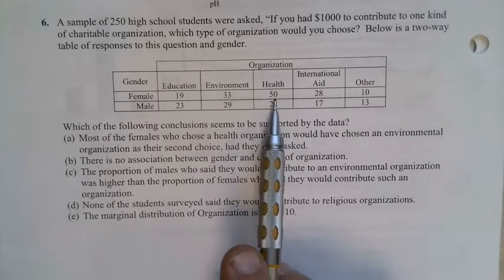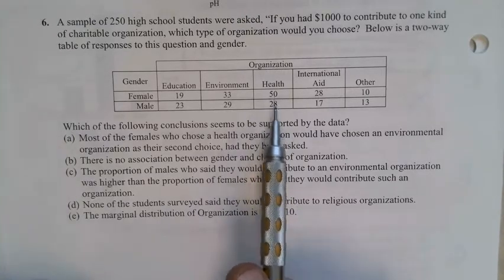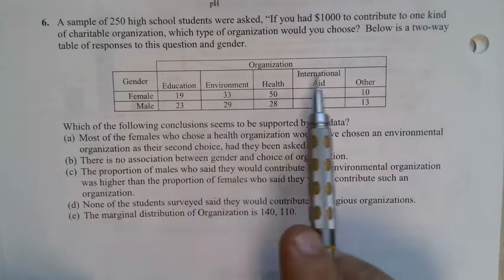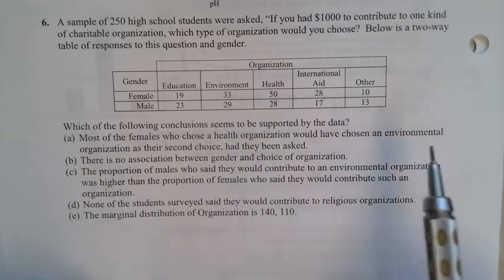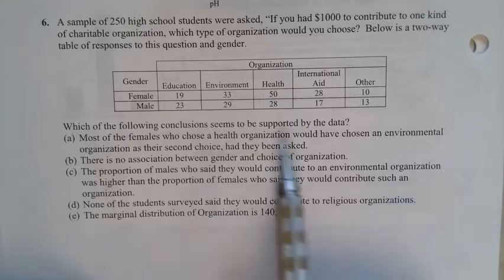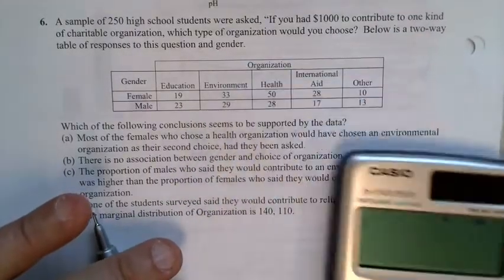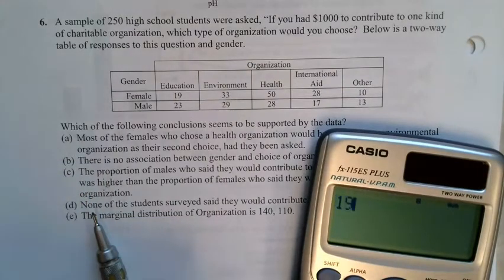Most of them who chose a health organization. So these are the ones that chose. How do I know what their second choice is? I don't, right? Because all I know is their one choice. Because this is 250, I'm going to triple check that bit. 19 plus 33 plus 50 plus 28 plus 10.